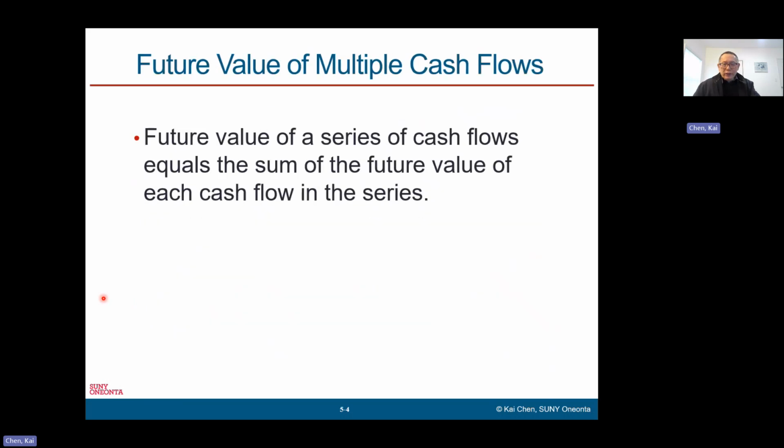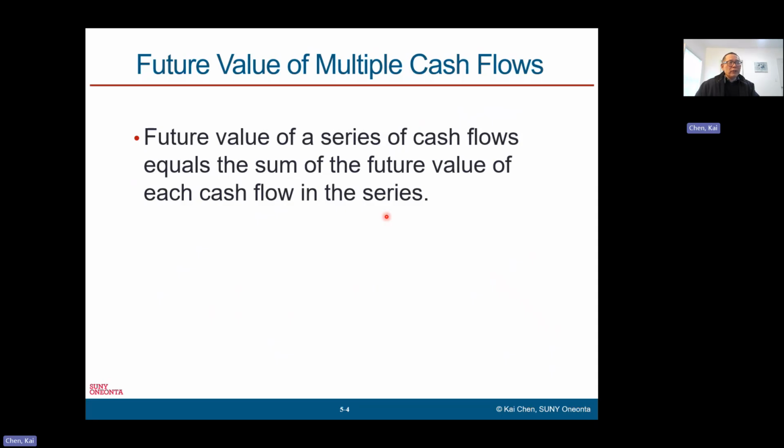We're going to use an example to explain. Before we look at how to calculate the future value of multiple cash flows, I want to show you a rule. Usually we follow this rule: the future value of a series of cash flows equals the sum of the future value of each cash flow in the series.